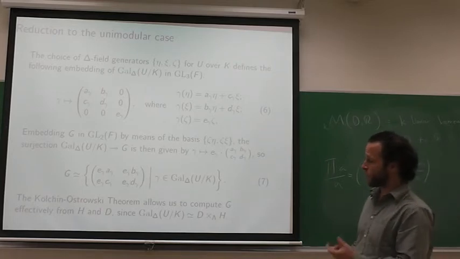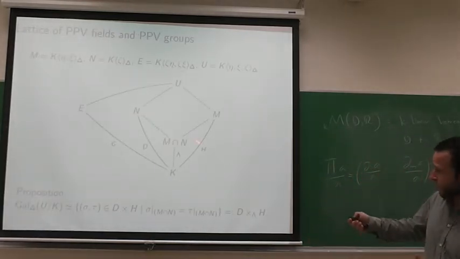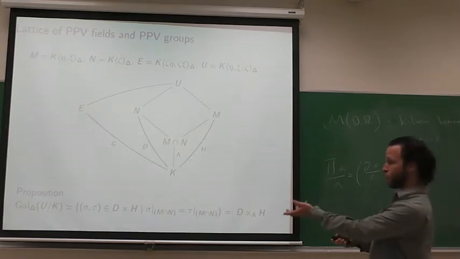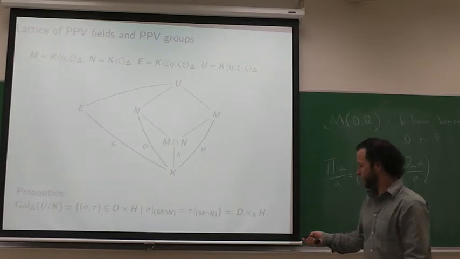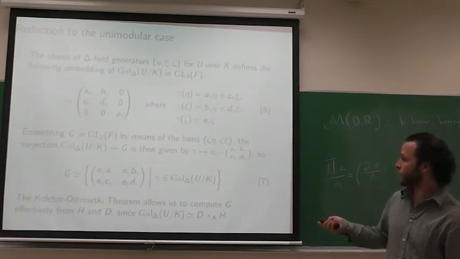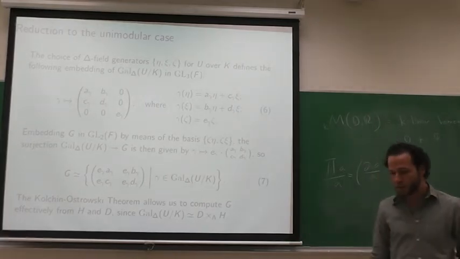And the Kolchin-Ostrowski theorem allows you to compute exactly this intersection of fields, the group lambda, and the defining equations for G inside of this direct product. And so that's how you reduce to the unimodular case.